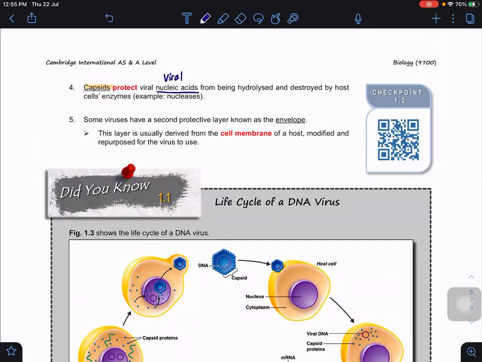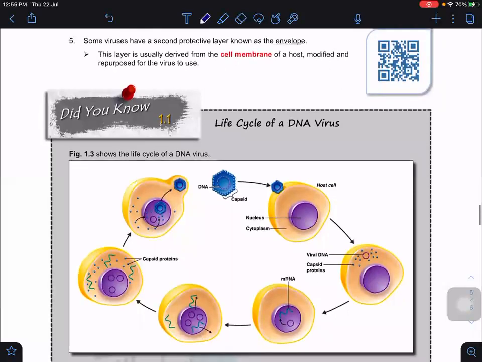And we do know that some viruses have a second protective layer known as the envelope. But there is something a bit special about this envelope. Viruses won't produce their own envelope.